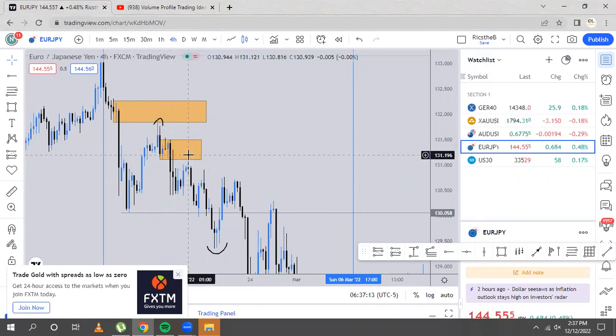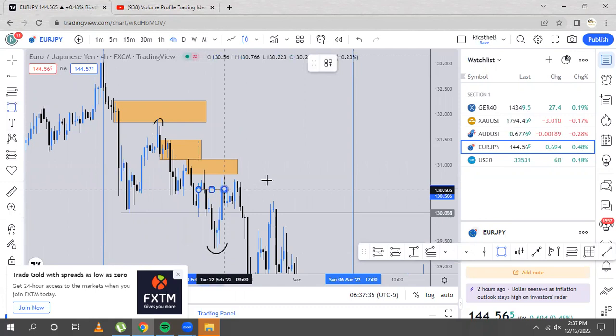Remember, I'm on the 4-hour. Then price tapped into that level, then pushed past this level to give us a lower low, creating this other level of supply right here. Then price came back to that level of supply, then pushed down past this level to give us a lower low, creating this level of supply.